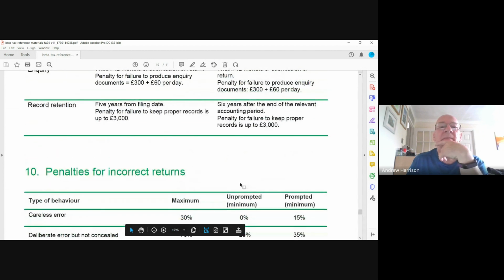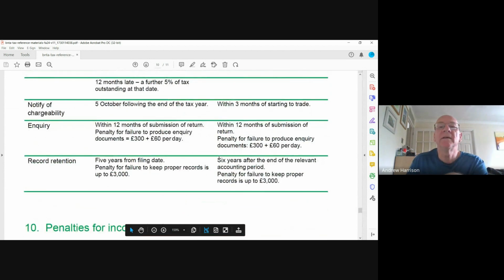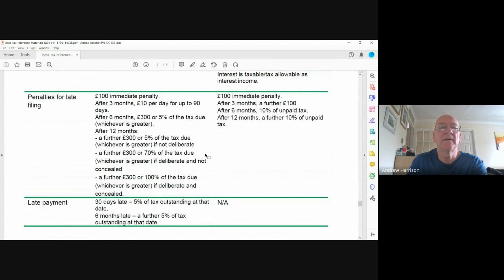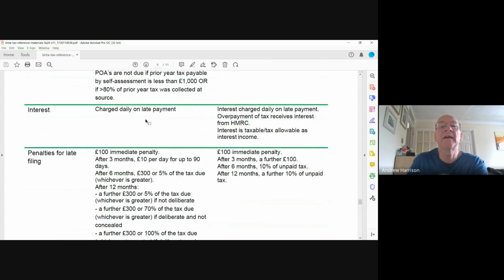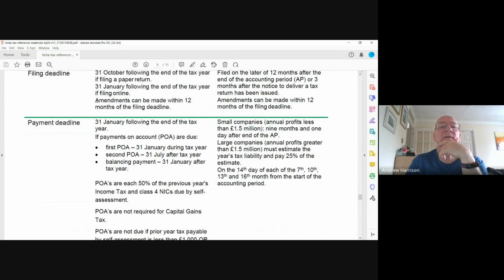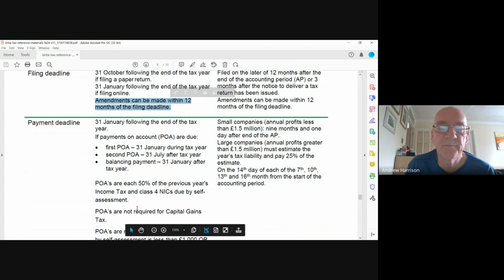And the other bits that matter to that, let's have a look. So the charge daily on late payment. It doesn't matter whether the late payment was caused by a mistake or not, it's still going to be charged. And then that's the bit: amendments can be made within 12 months of the filing deadline. All right, so we've done that a little bit.